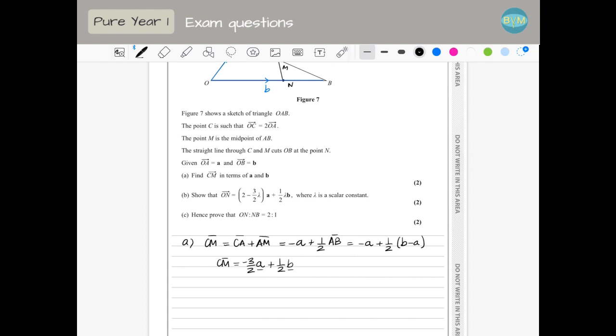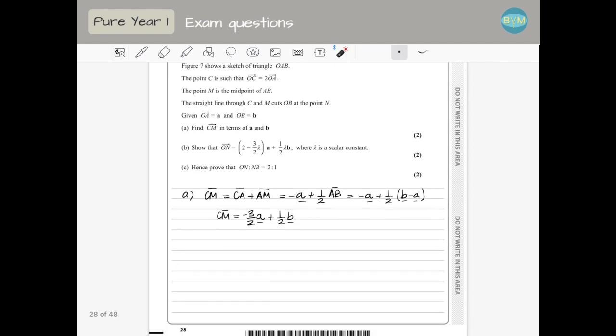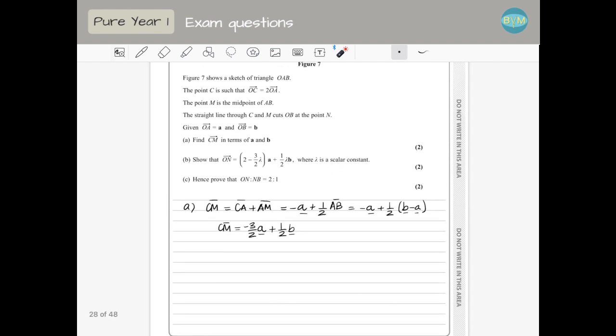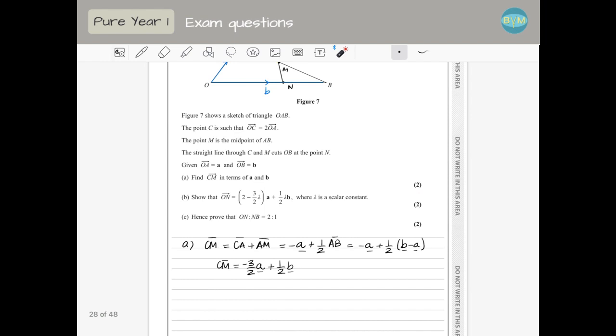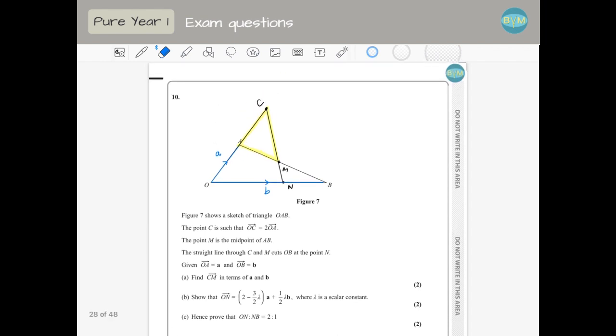You can just say that they are vectors. Then ON is this whole thing a and this b, where lambda is a scalar constant. This question is just 2 marks, but sometimes we can overcomplicate them.